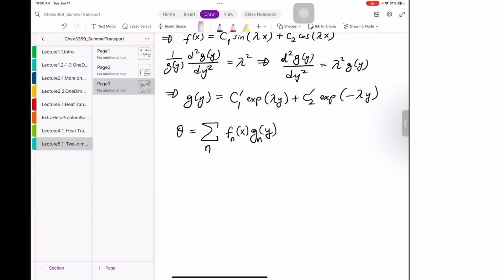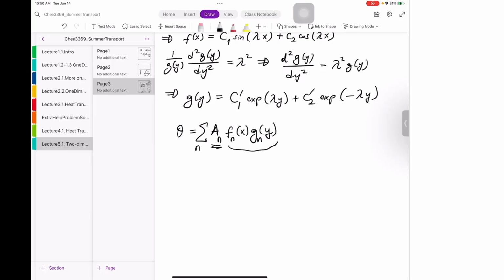And you should have some constants here, let's call them A_n. And maybe most of the A_n are 0, and you just have a single f_n(x) g_n(y). That's still okay.